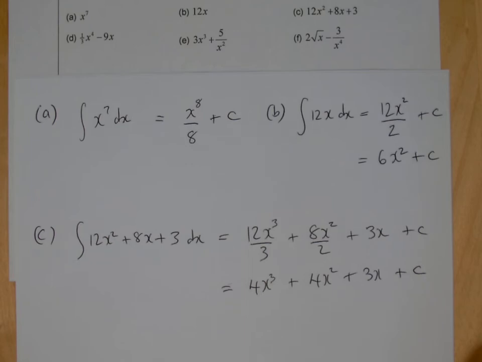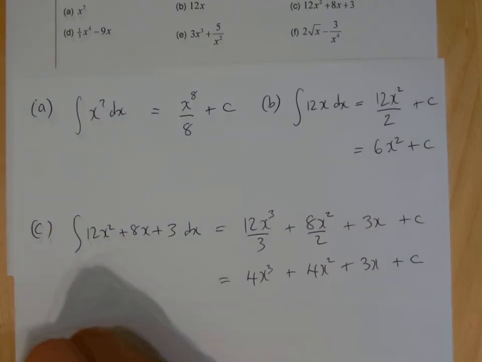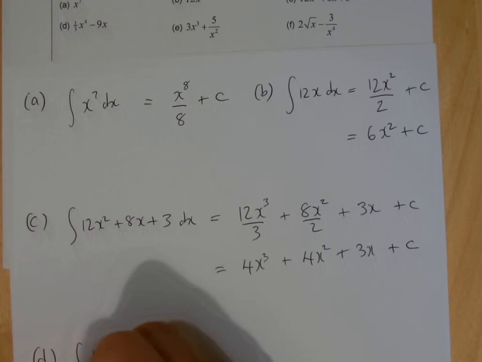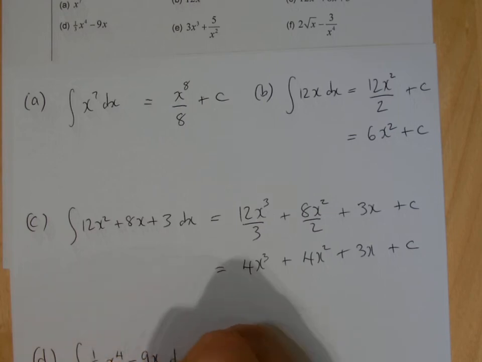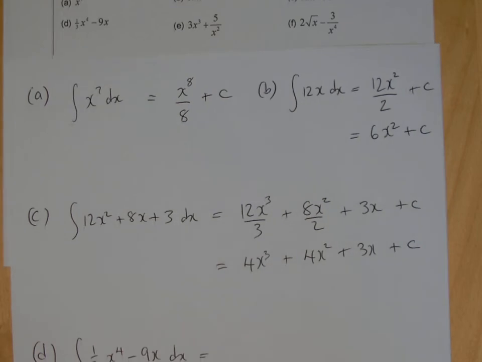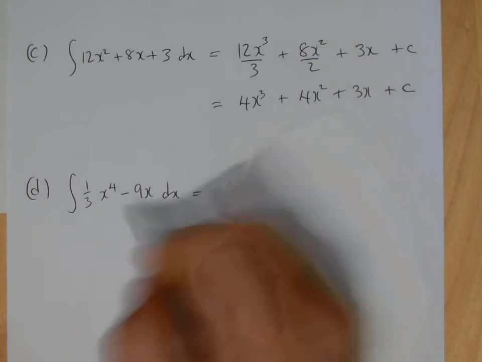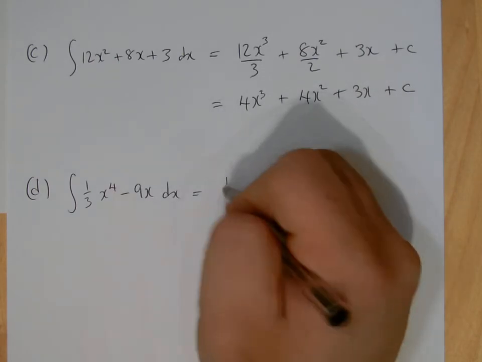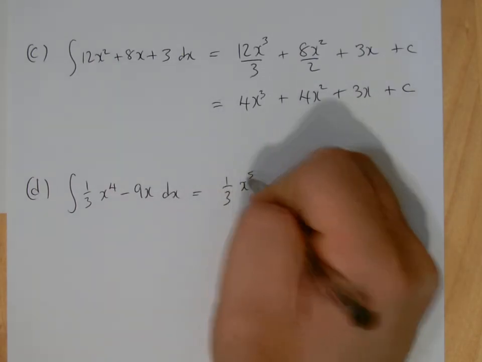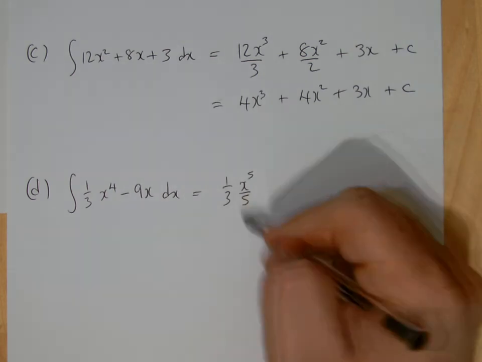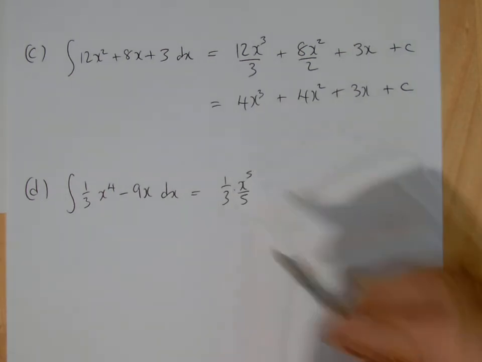Right, so d, you have to integrate 1/3 x to the power 4 minus 9x with respect to x, yeah? So you add 1 to the power, so you get 5, and you divide by that new power 5. Of course, we're going to deal with this then, remembering that these are times in, yeah?